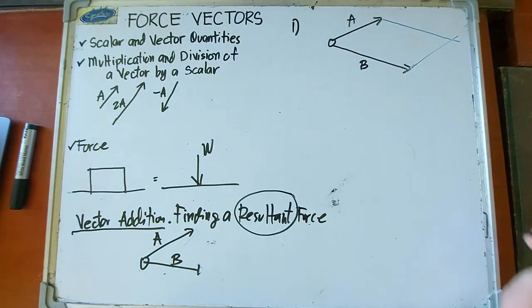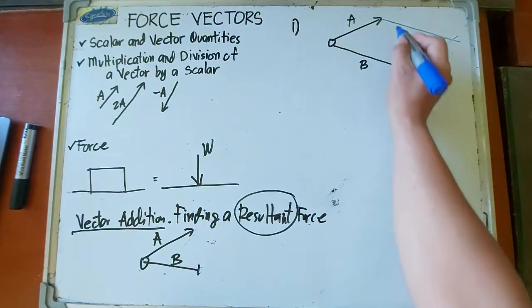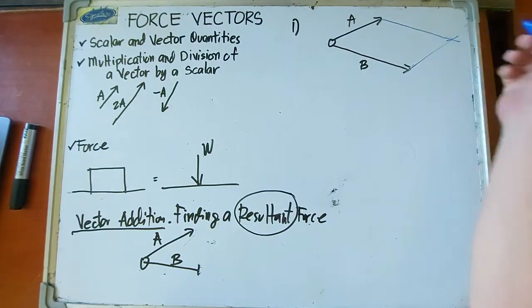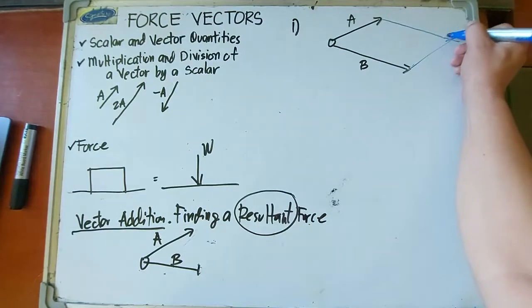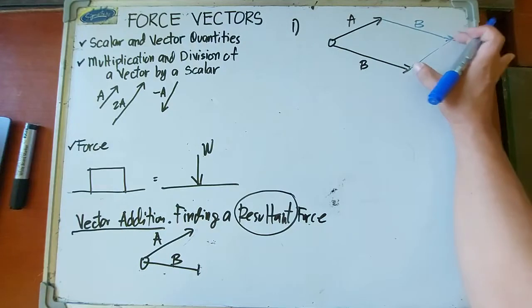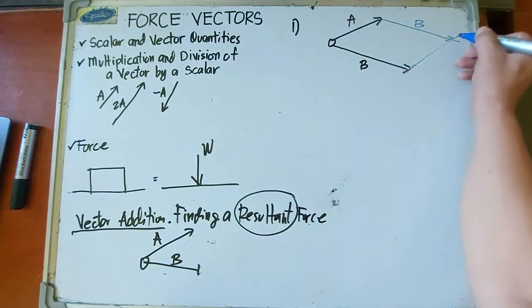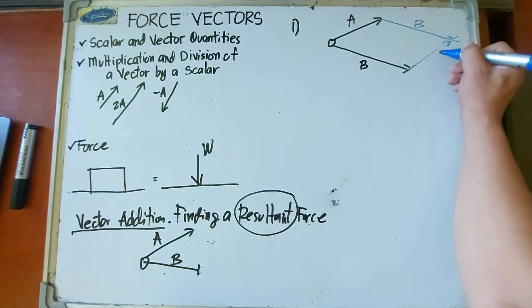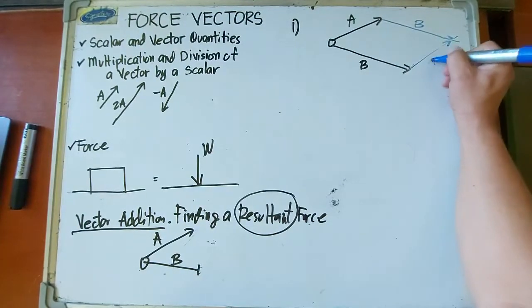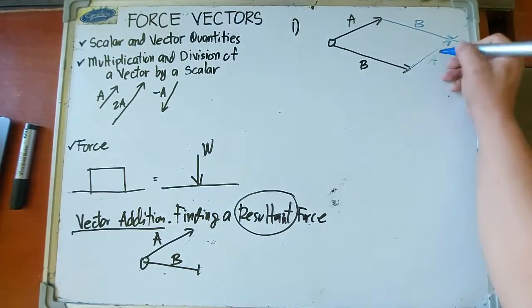So since parehas lang sila ng length, same direction, same length, that means yung force na to is also force B, same din yung length niya sa force A, same direction. So this is also force A.